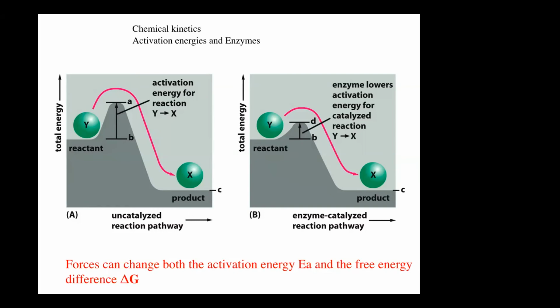So you can change the activation energy of a reaction and make it happen much faster by, for example, taking two reactants and putting them in some kind of device that slaps the reactive interfaces next to each other. There's a million ways to do this, but that's the whole nature of enzymes or any catalyst. It lowers that activation energy.